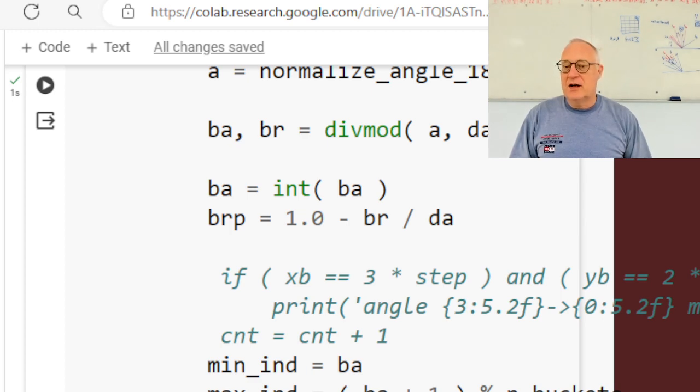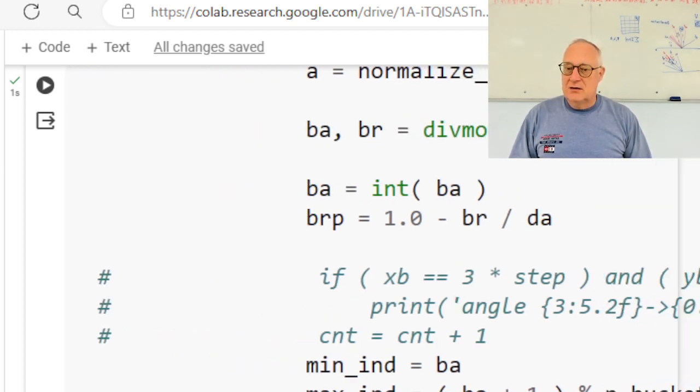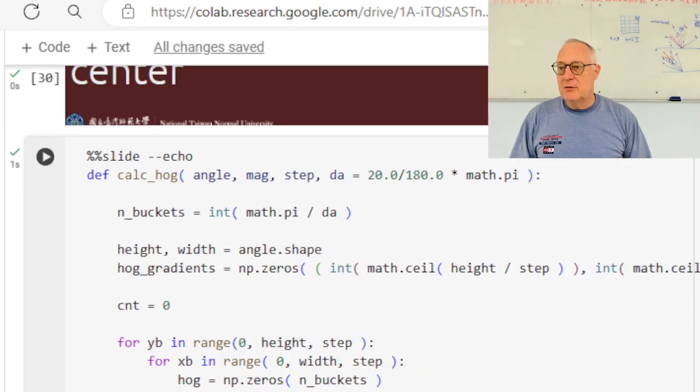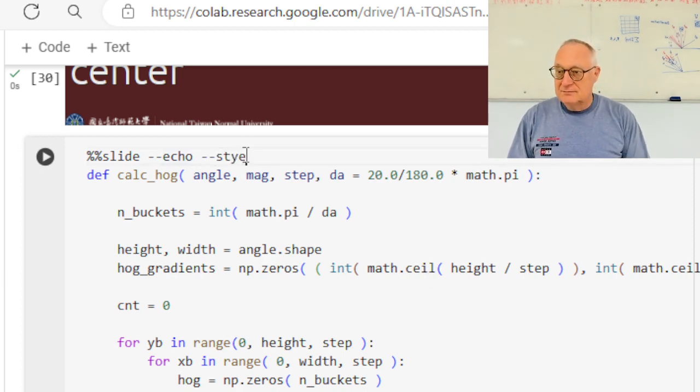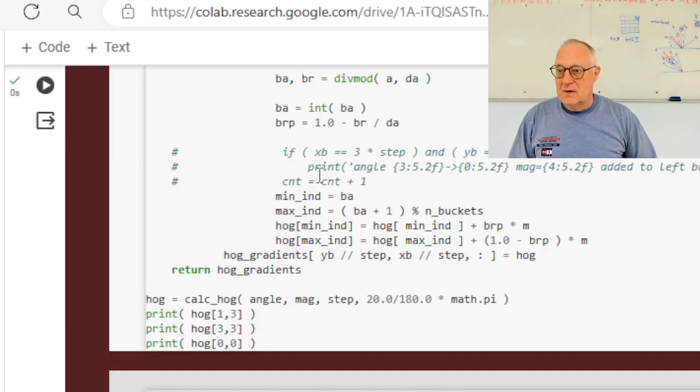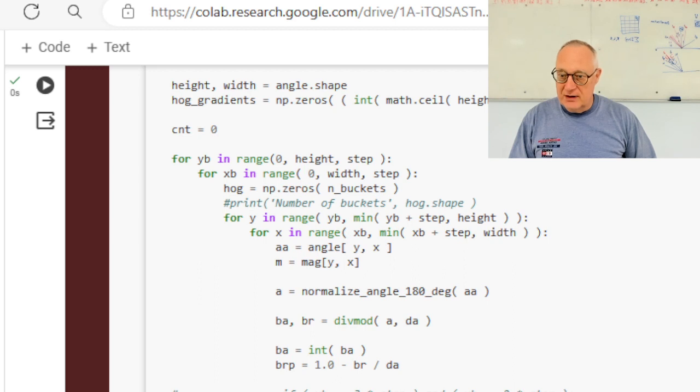And then in a second, you'll see how we deal with that problem that we're mostly interested in the angles. That's what we have here. So you can see here our angles, and our contribution is multiplied by the magnitude of the gradient here.